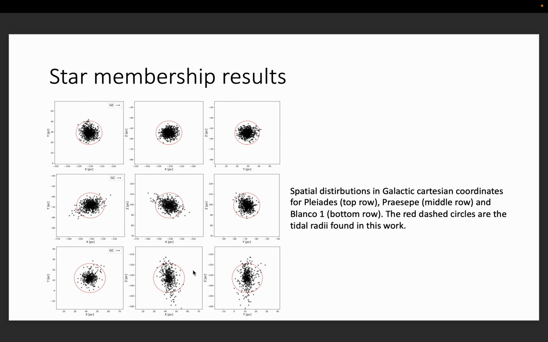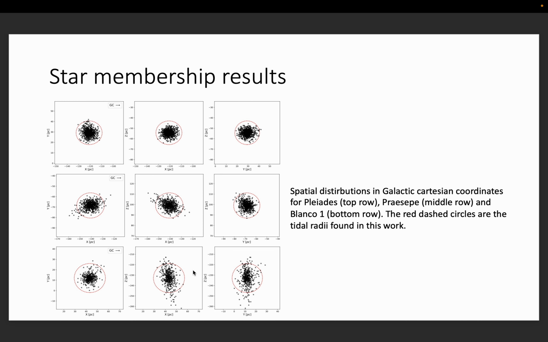Many works show that this can be produced because of some apparent transformation of the coordinates due to the high latitude, but it can also be considered as tidal tails.